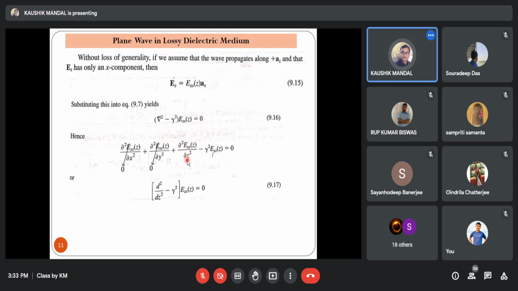Now, as the wave is propagating only in the z direction, the x component and y component will be 0. And only this part remains, that is minus gamma square into Exs. So by considering this phasor form of the wave equation for the electric field, it becomes del square by del z square minus gamma square Exs equal to 0.